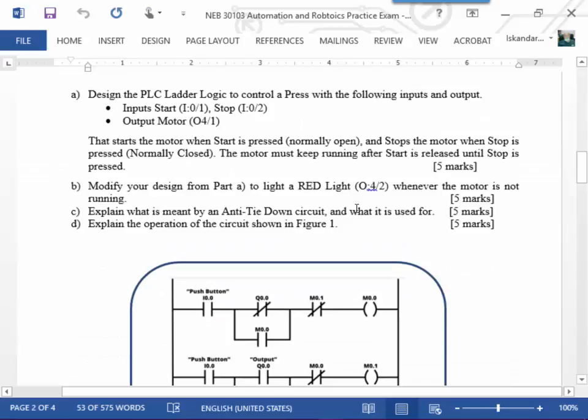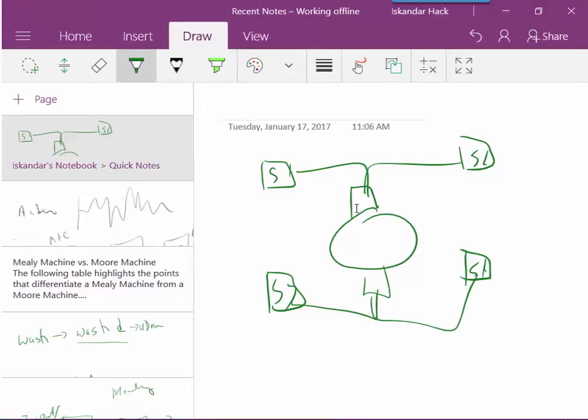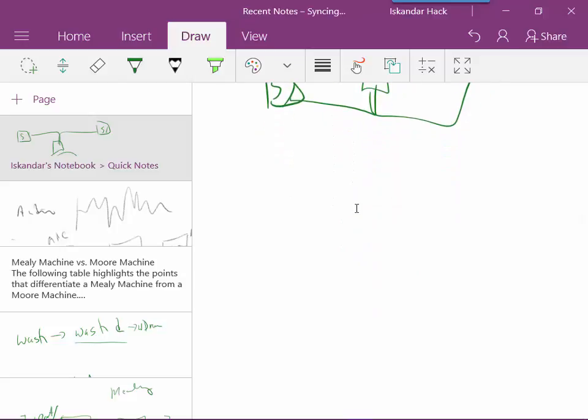Again, design a PLC ladder logic with a press, the following. You have a start and a stop, and this is a very basic question. All we're doing on this particular one is we have here's our start button.